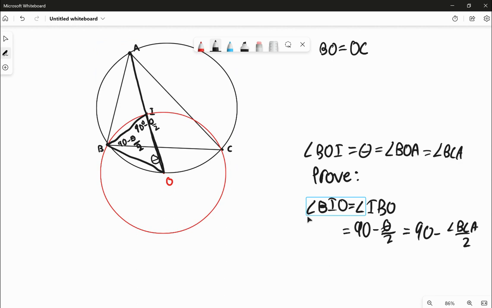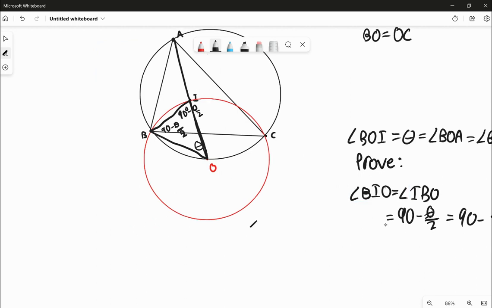So let's go ahead and focus on angle BIO. Our goal is to prove that angle BIO is equal to 90 degrees minus theta over 2, where theta is equal to angle C, angle ACB. Well, let's go ahead and get everything in terms of the triangle more. We know that A, I, and O are collinear, as we already said.